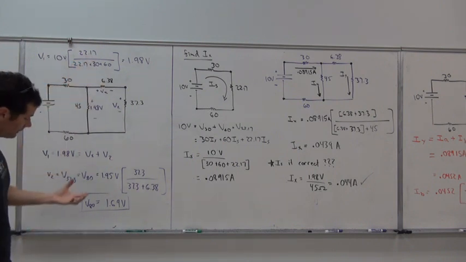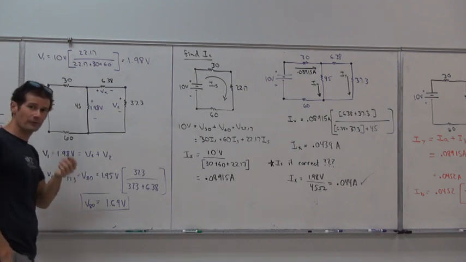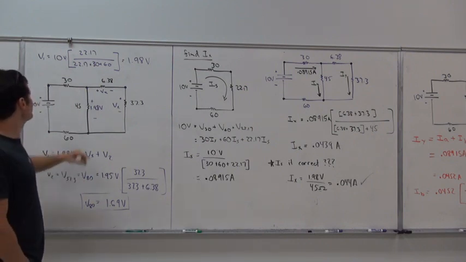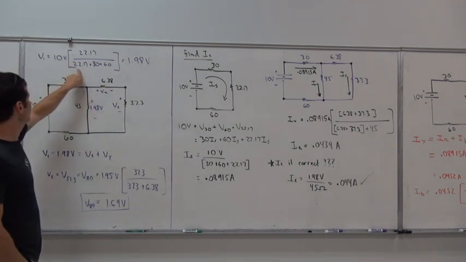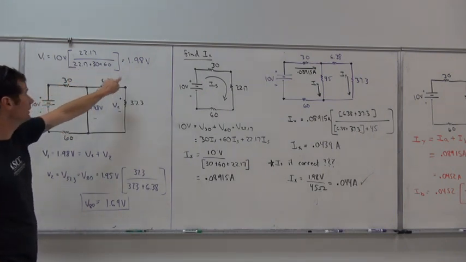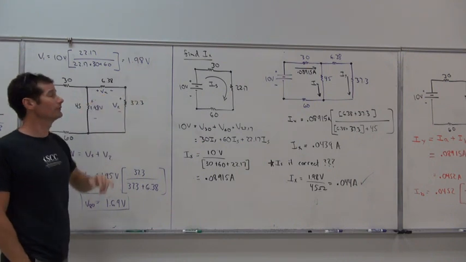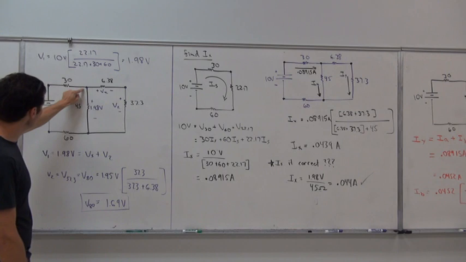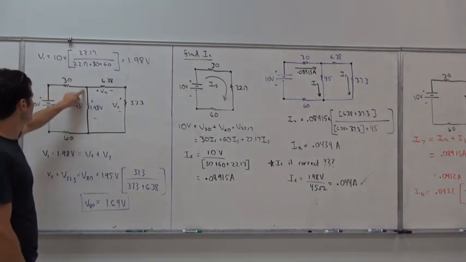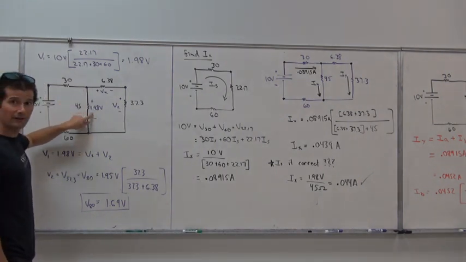Remember, we're looking for the voltage across the 22.17 ohm resistance, and so that goes in the numerator for voltage division, divided by 22.17 plus 30 plus 60. And that gives us a voltage of 1.98 volts. And so the voltage between these 2 points here is equal to 1.98 volts.